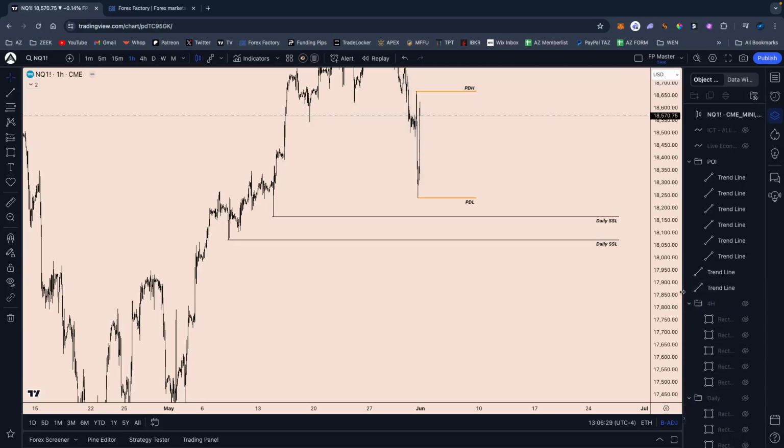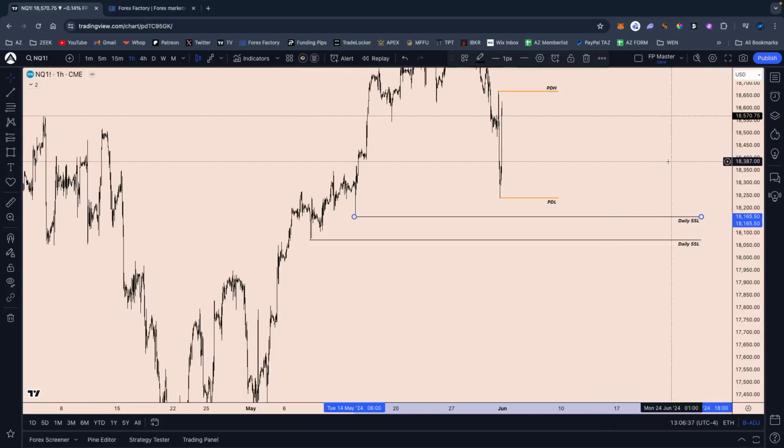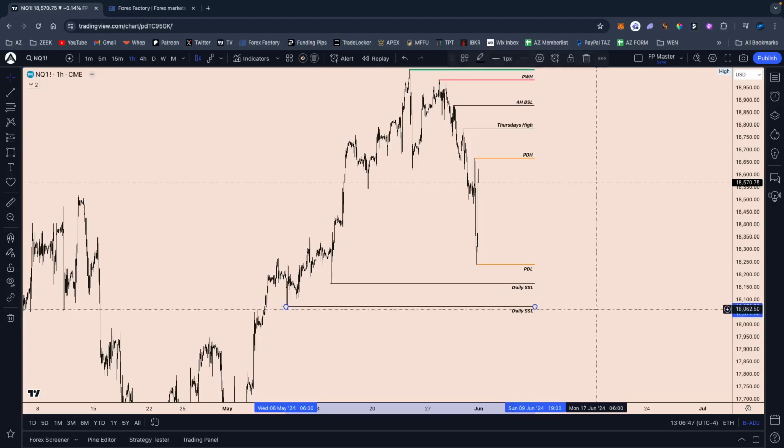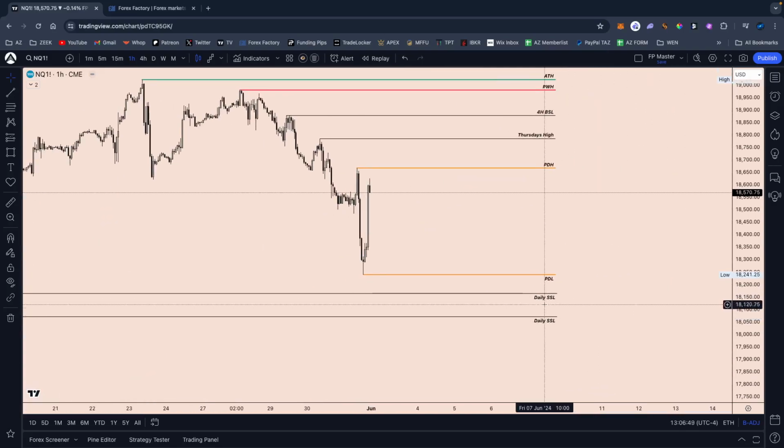Hide, and we can quickly, just by opening up the object tree, enable and disable that. Let's put them into that folder. Daily sell side liquidity.